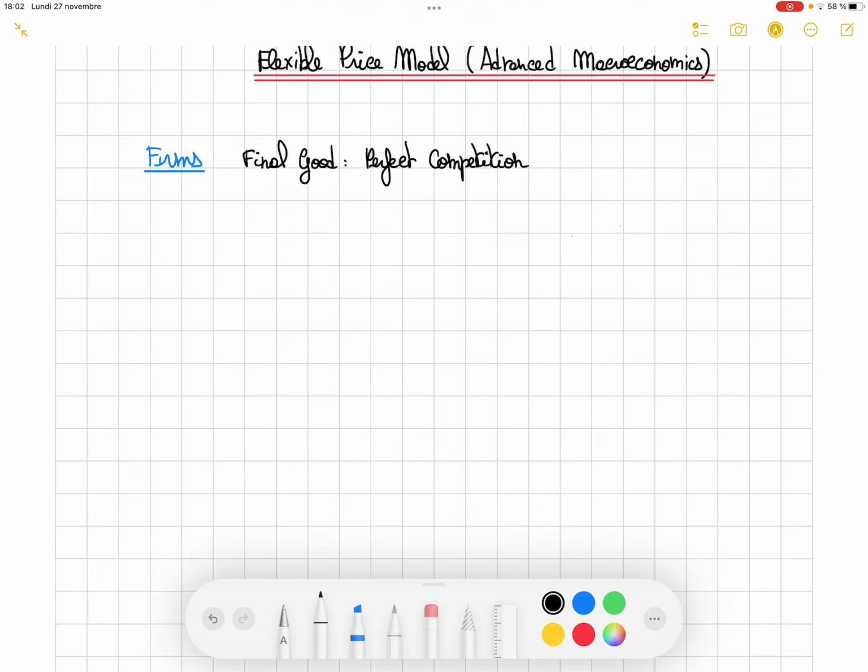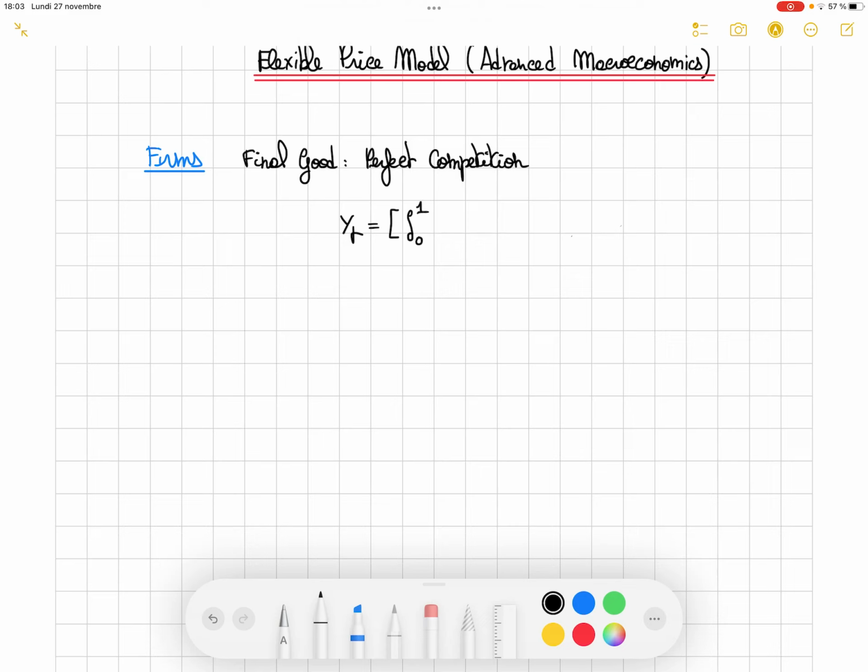Another hypothesis for the final firm is that she uses CES technology to produce the final good. The CES technology is a bit broad. It's an equation that takes into account a broad family of production functions. So it will look like this in our case. We have the production of the final goods, the output if you prefer, that will be equal to a sum, if you want, or an integral.